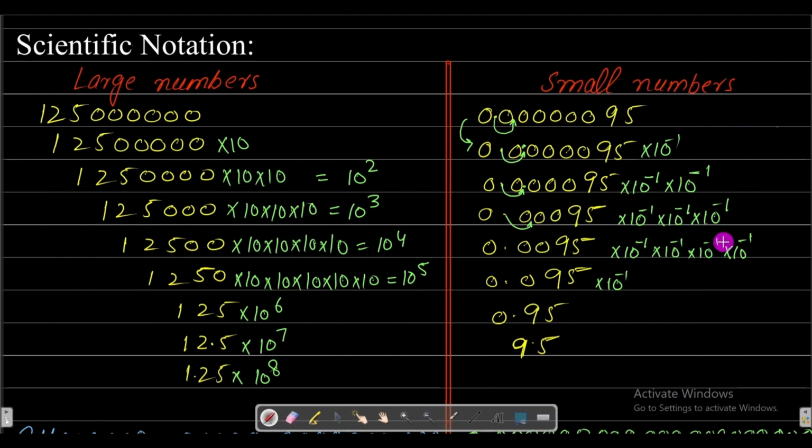This is 1 2 3 4. So here will be 5 times the 10 power minus 1. Multiply 10 power minus 1, multiply 10 power minus 1. This is 4 times, and now it becomes 5 times. And similarly here, it is 6 times. 1, 2, 3, 4, 5, and this is the sixth time. This is power minus 1. This is the sixth time.